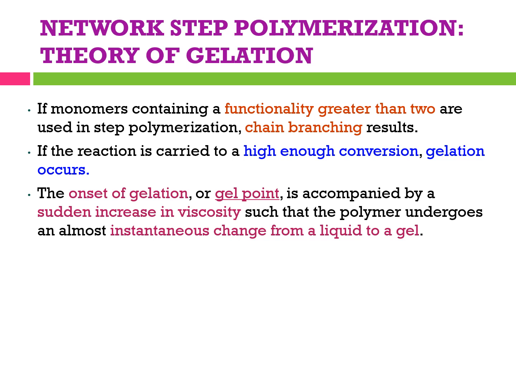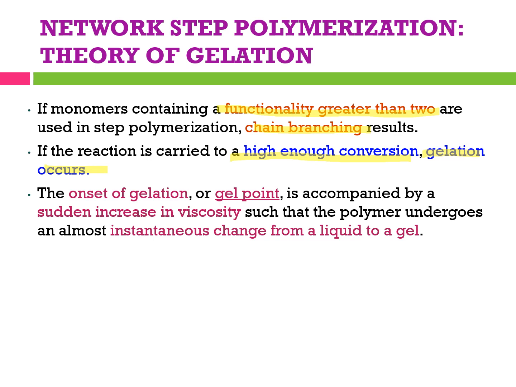If monomers contain a functionality greater than 2, which means that you polymerize a monomer with more than 2 functional groups, chain branching results, meaning there is a high probability for you to form a polymer with branching. If the reaction is carried to a high enough conversion, gelation occurs.